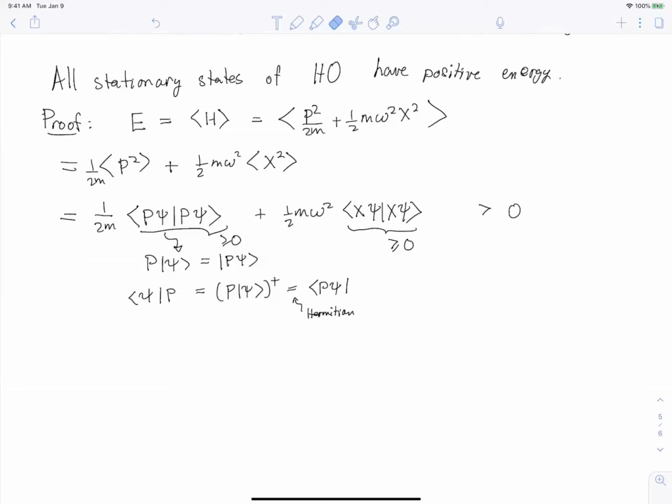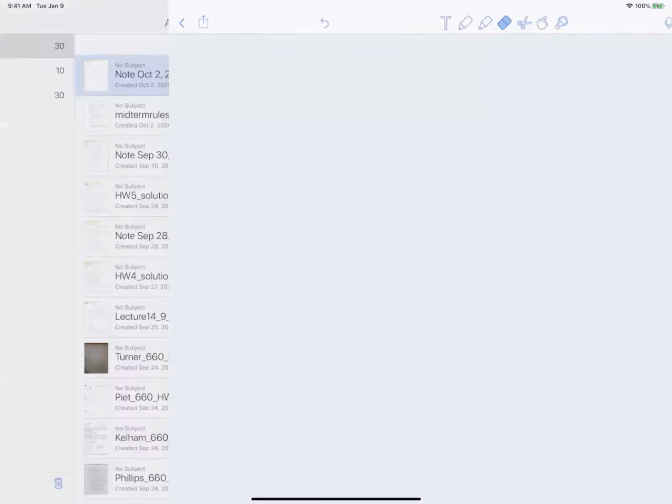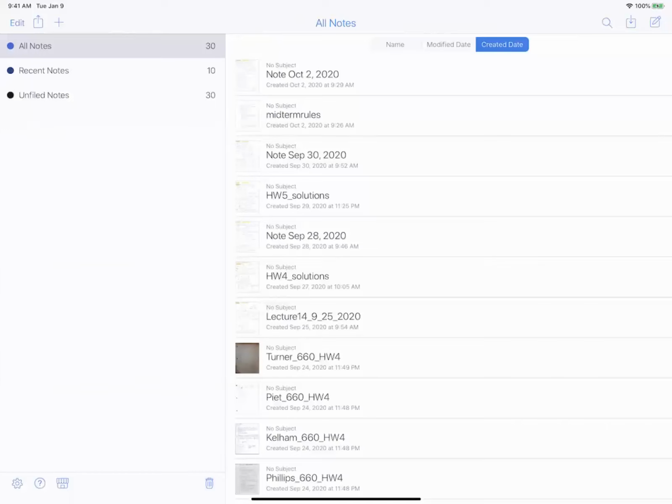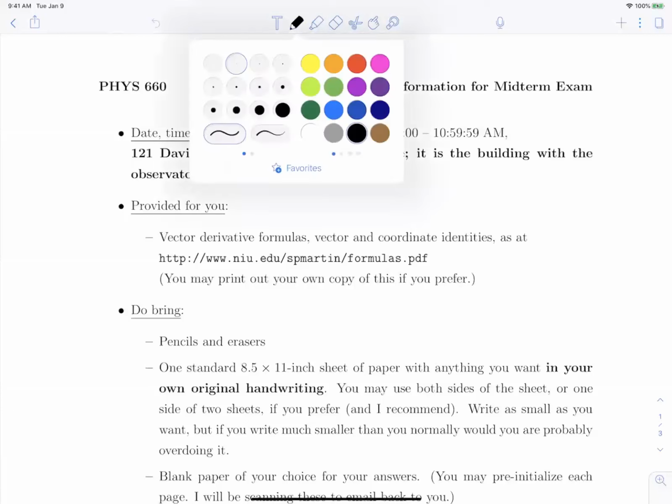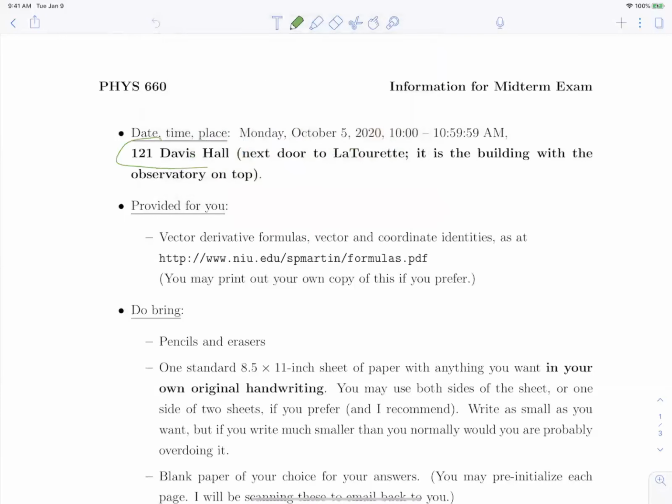So let me go back to the midterm rules, which were posted on the course webpage. So again, this is the room. I have never actually been in that room, but I'm assured it's a large room. It's next door to La Tourette. It's the building with the observatory on top.